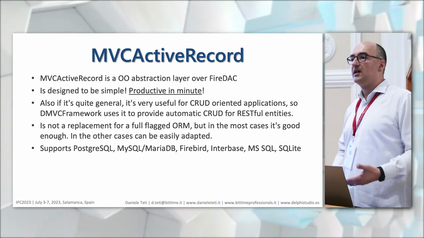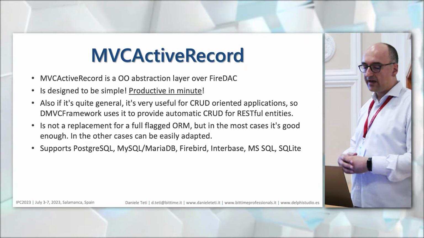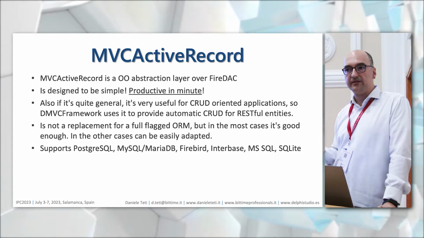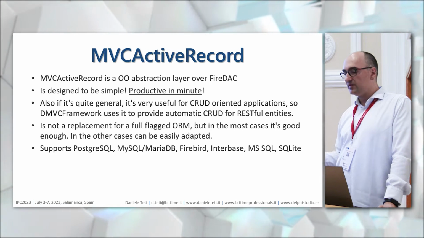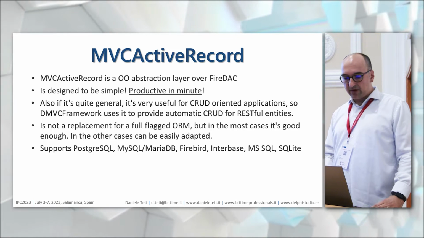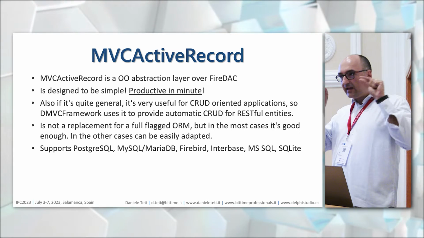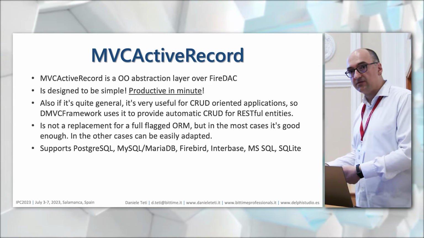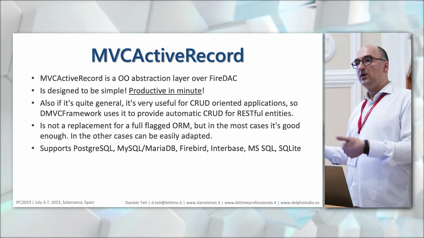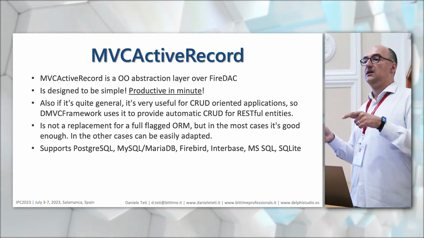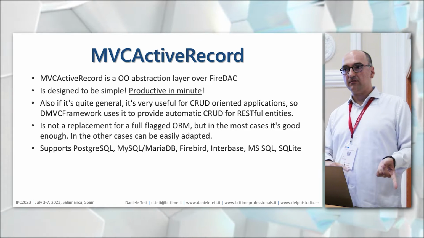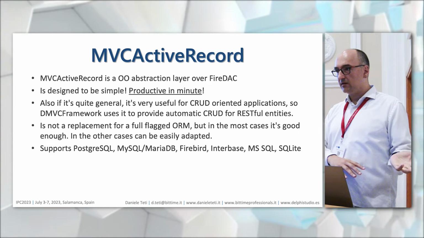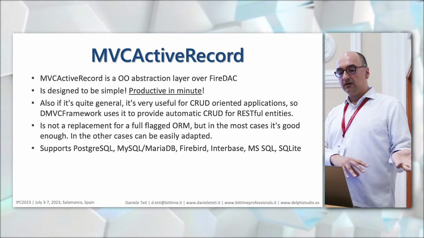Entering MVC Active Record. MVC Active Record is the implementation of the Active Record design pattern included in the MVC framework. MVC Active Record is a really thin layer of object-oriented abstraction, because, parentheses, data sets are objects, but if you use only data sets, you are almost using a procedural approach, okay?